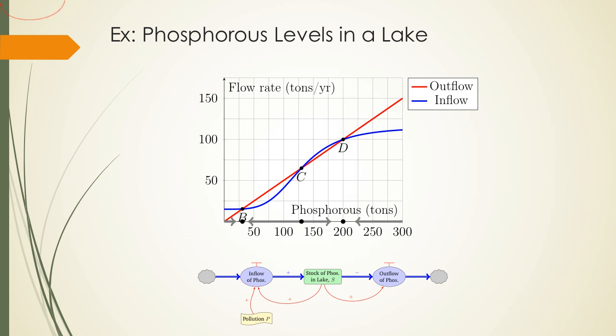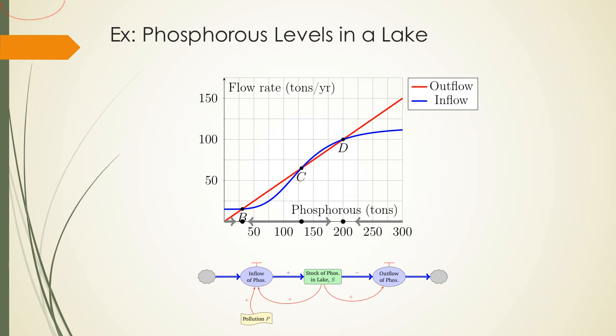In the meantime, we'll focus on the graph of the inflow and outflow, plotted against phosphorus levels. Note the more complex inflow curve. This results in 3 equilibrium points, the 3 points where the inflow is equal to the outflow. To determine if these are stable or unstable, we can look at the inflow and outflow curves nearby. For example, look at the point labeled D, where the phosphorus level is 200 tons.